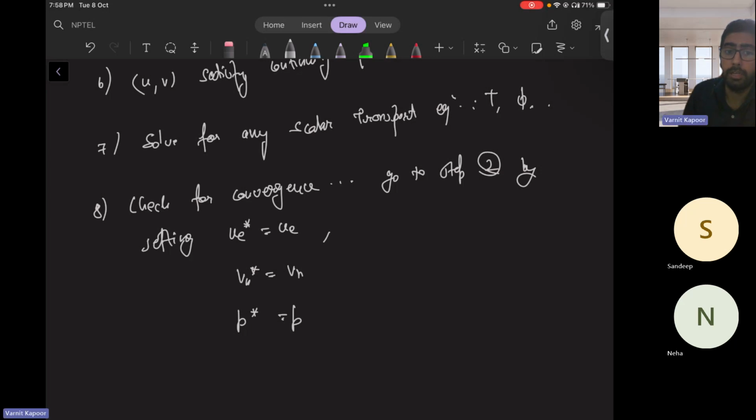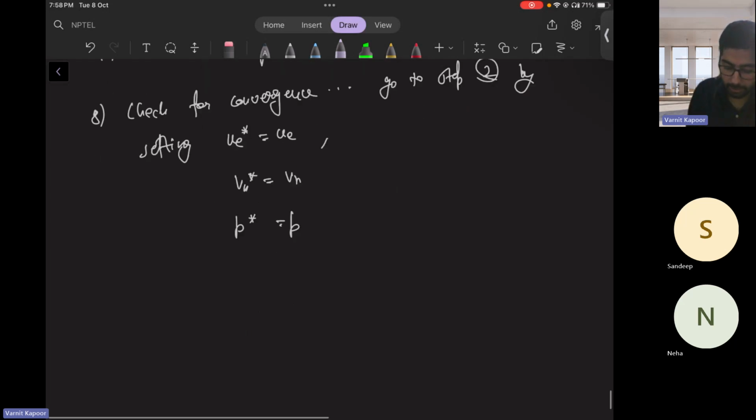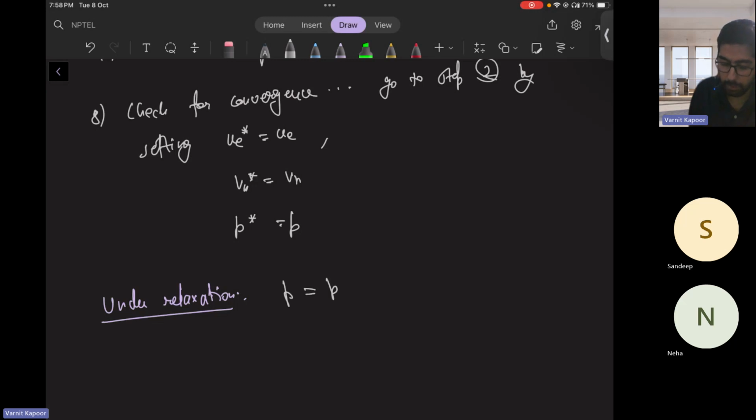So for that, you can use under relaxation or over relaxation if something is speeding up very fast. Under relaxation of some pressure term. Suppose for the pressure term, sometimes pressure fluctuates very fast, so it can be written as P star plus some alpha into P dash.